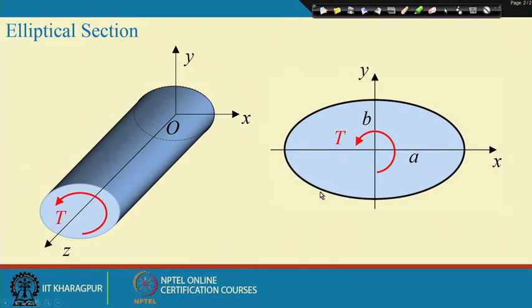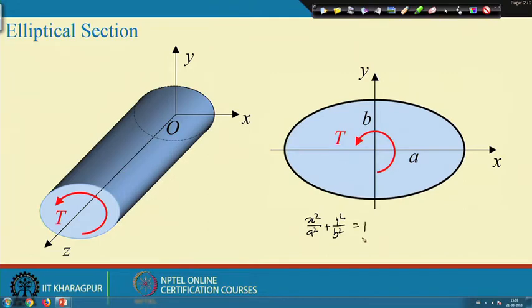If you recall, the first step is that we have to start with an assumption of psi, and we take the expression of psi such that it vanishes at the boundary. Now, what is the equation of this boundary? The equation of this boundary is x square by a square plus y square by b square is equal to 1, right?